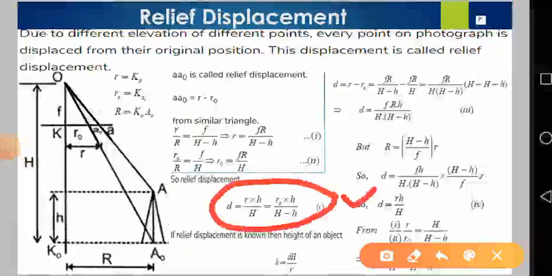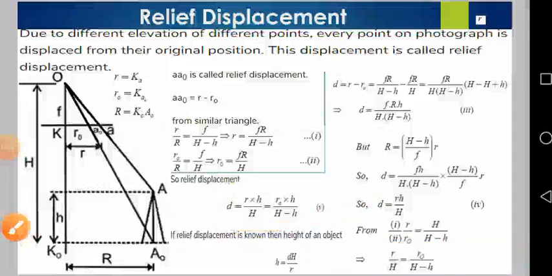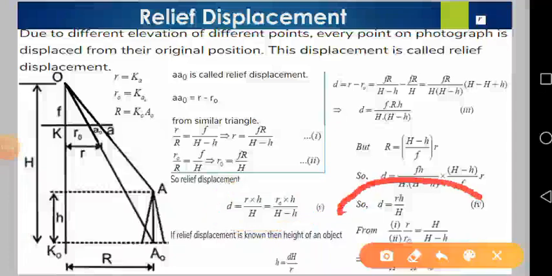If the relief displacement is known, then we can obtain the height of that particular object. This is the benefit you get from this expression, which is equation number 4. Just look at expression number 4. D is the relief displacement, and h is the height of the object.